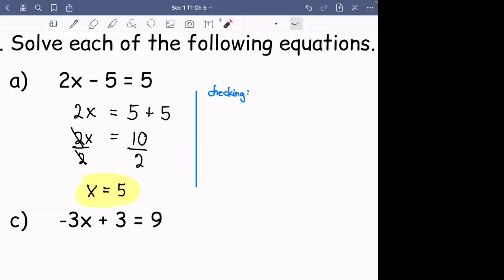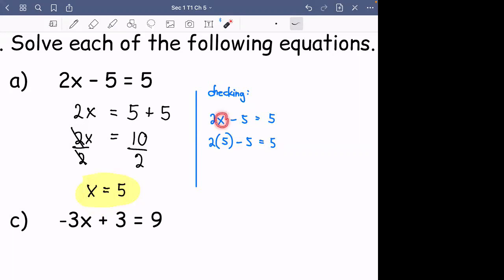Going back to the question itself, we have 2x minus 5 is equal to 5. If x is equal to 5, that means this x here is 5. So 2 times 5 minus 5. Here I substituted x is equal to 5 because that is your answer.